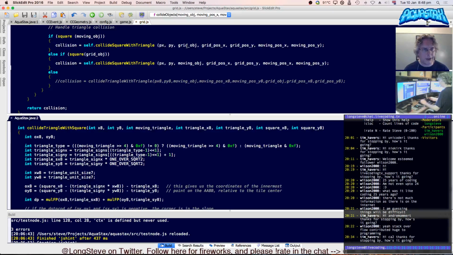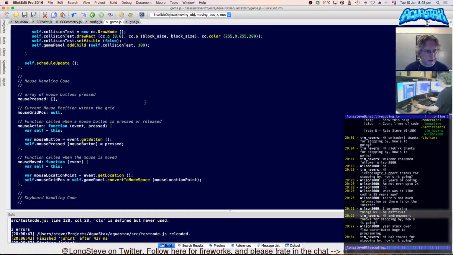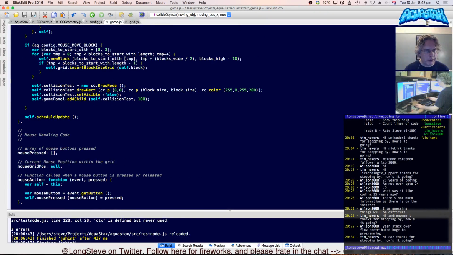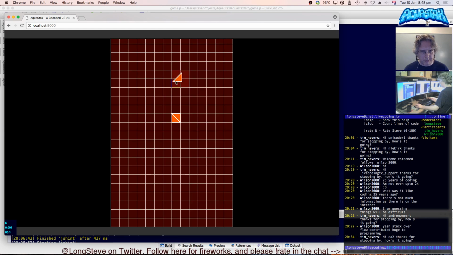So now let's test out that bit of code by tweaking these numbers. We're going to have 3 in the grid, and I'm moving the triangle around. Okay, so if I move the triangle, ooh, that's interesting.